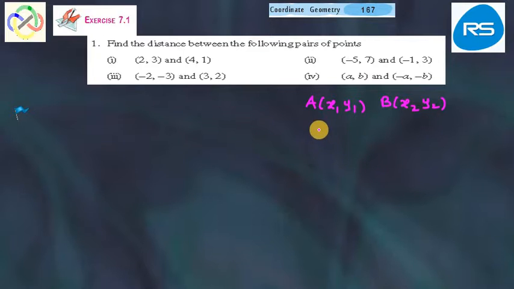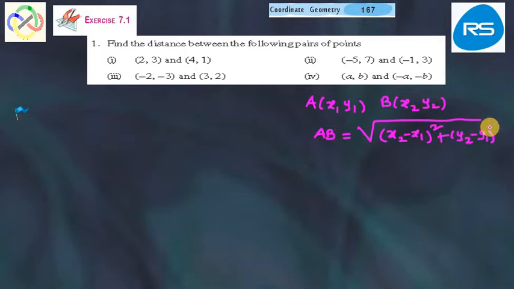The distance between these two, which we represent with AB, is equal to the square root of (x2 minus x1) whole square plus (y2 minus y1) whole square. This is the basic information we require to solve the question.